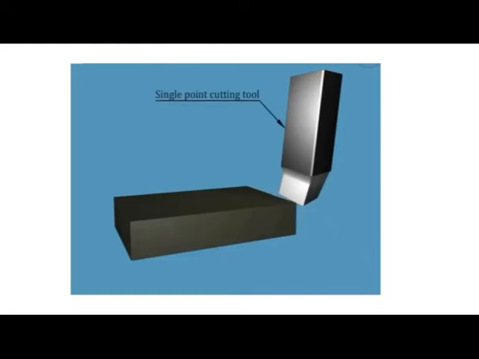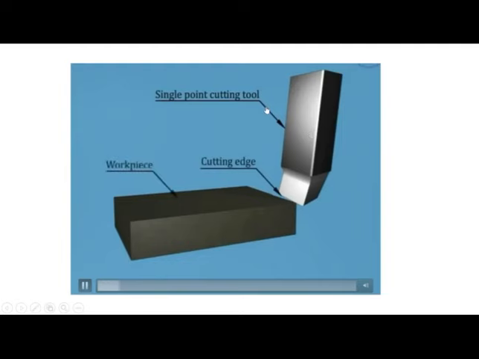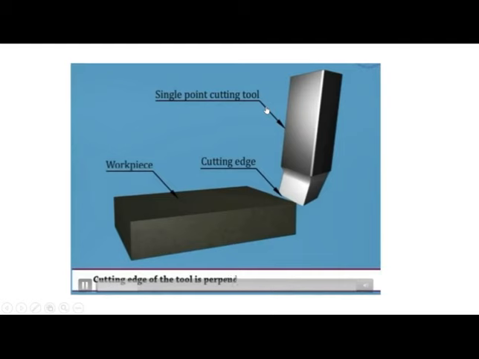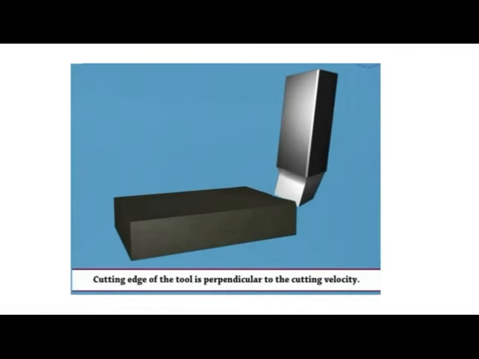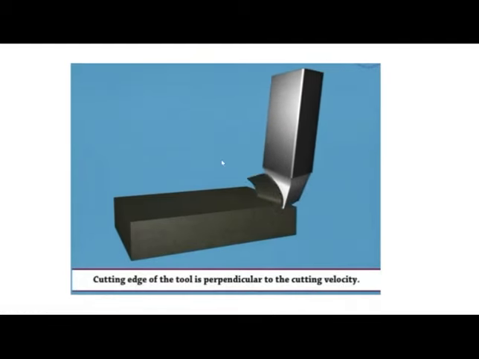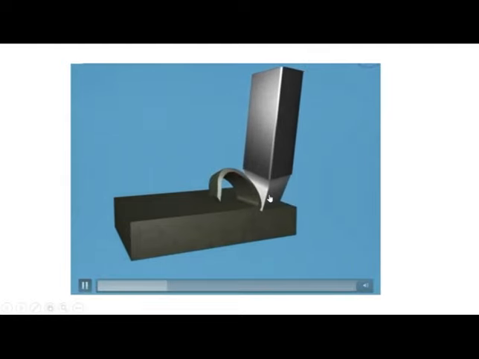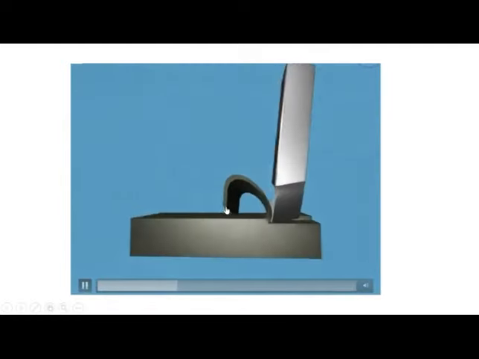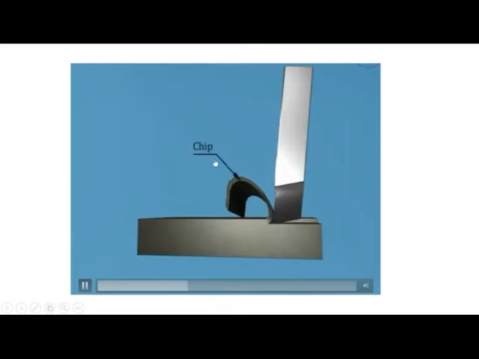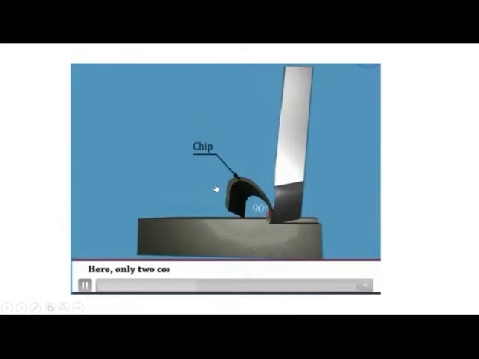Let us watch this video. In this video, you are going to observe a workpiece and a tool, obviously a single point cutting tool, in which there is a cutting edge. This single point cutting tool is going to cut the material. The material flowing out is called a chip.